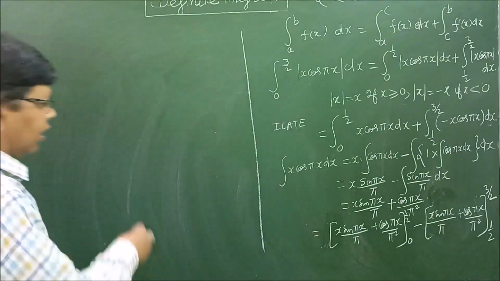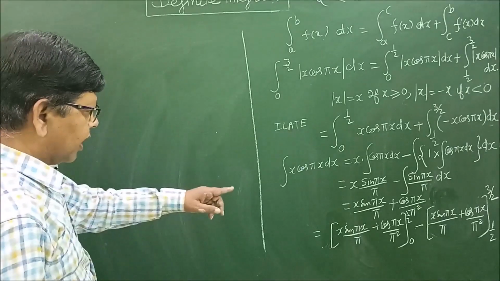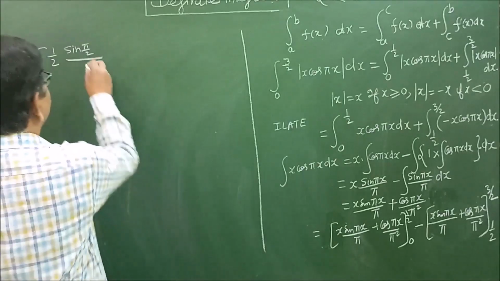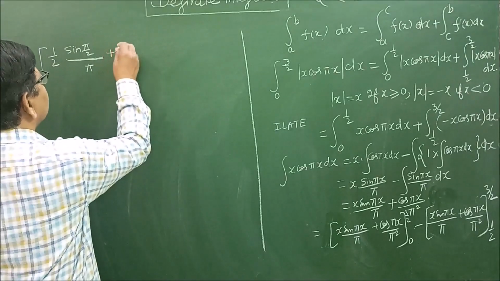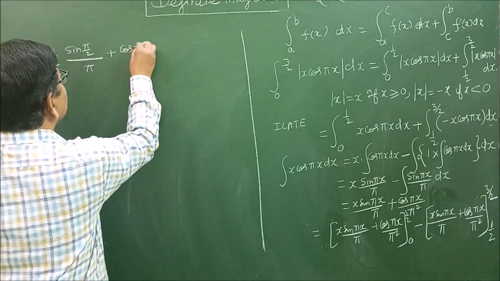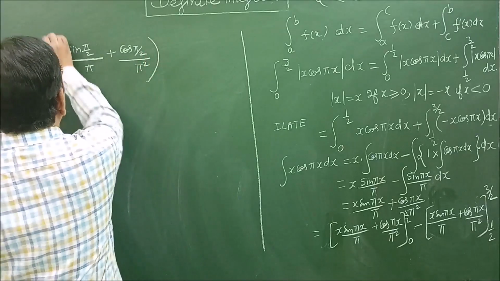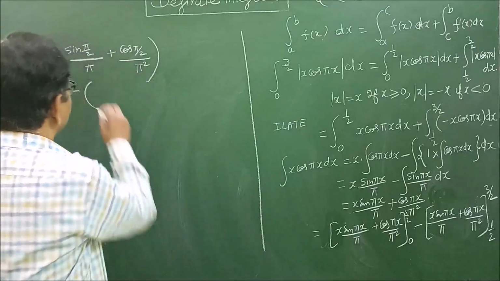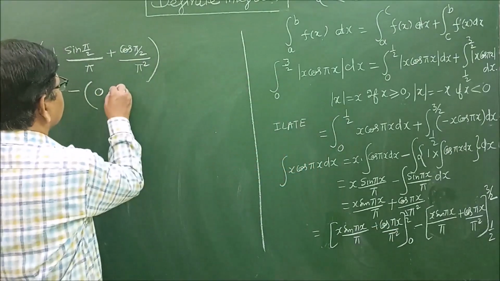Now putting the limits here, putting x is equal to 1 by 2, we get 1 by 2 sin pi by 2 upon pi plus cos pi by 2 upon pi square, minus, putting x is equal to 0 here, 0 into this is 0, and cos 0 is 1 upon pi square.